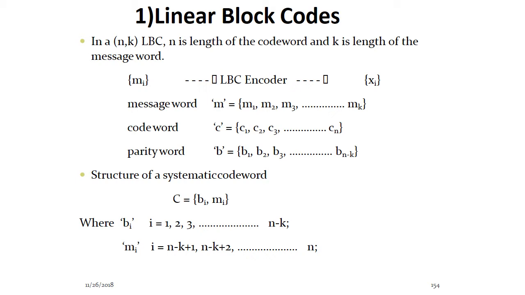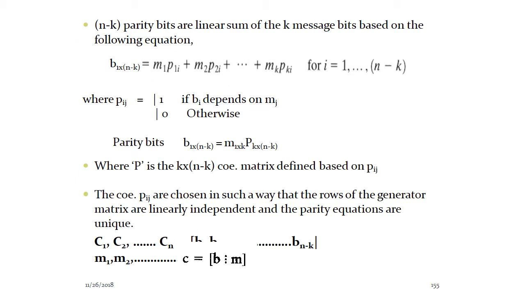The structure of the systematic code word is c = (b, m), where bi for i = 1, 2, 3, etc. up to n-k, and mi for i = n-k+1, n-k+2, etc. up to n. The n-k parity bits are linear sums of the k message bits based on the following equation: bi = m1 p1i + m2 p2i + etc. up to mk pki, for i = 1 etc. up to n-k, where pij = 1 if bi depends on mj and 0 otherwise.